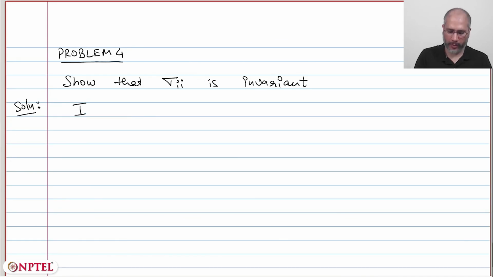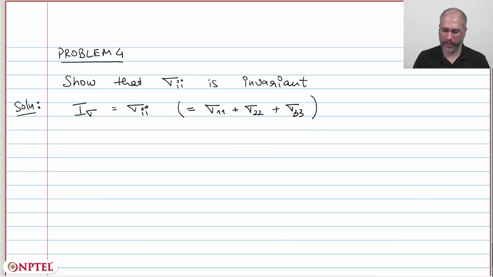So I'll use the symbol I sigma for this, and let's call this sigma ii, which, just to show, is actually a sum of the three diagonal elements of sigma in the matrix representation. So that's sigma 11 plus sigma 22 plus sigma 33. But that's immaterial right now. Let's proceed with the solution.